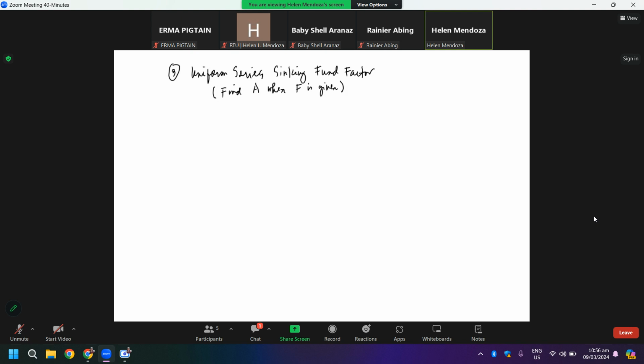So you may define the number of years. Then you ask the question, how much should I deposit? That may be per year or per month or per quarter and so forth. So that is why this is called a sinking fund factor, similar to making deposits of an equal amount. So A is equivalent to F [i / ((1 + i)^n - 1)]. For the functional symbol, this is read as finding A given F, i percent, n.